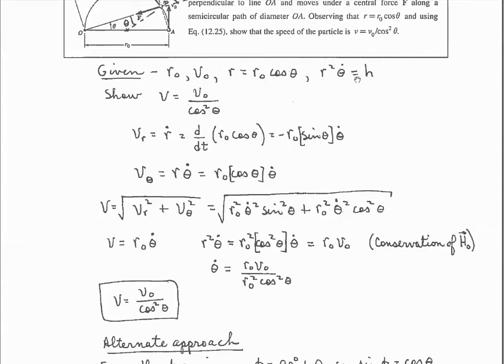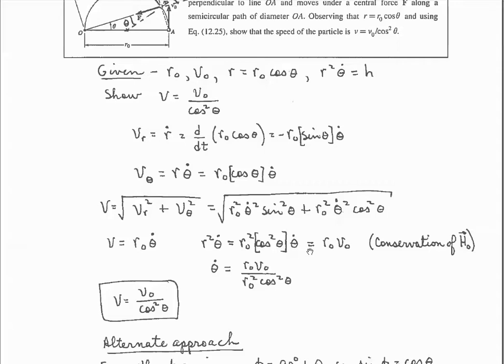Up at the top, we're given r squared theta dot is equal to h, but this is a conservation of angular momentum, so it's also equal to r naught v naught. The r squared is rewritten as r naught squared cosine squared theta.